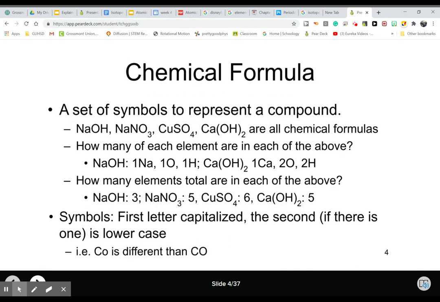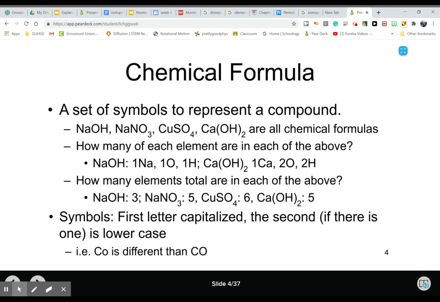So the chemical formulas here are NaOH, NaNO3, CuSO4, Ca(OH)2. Those are basically translating into science language, or chemistry language. So this is sodium hydroxide, sodium nitrate, copper(II) sulfate, and calcium hydroxide.